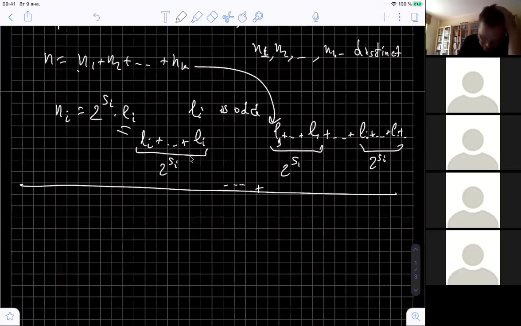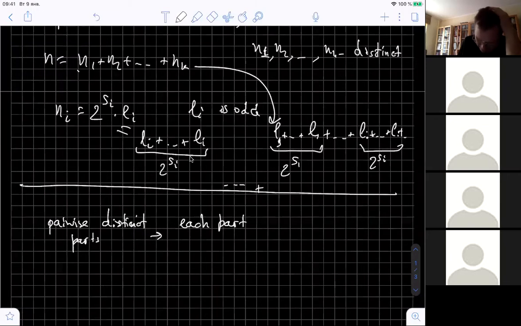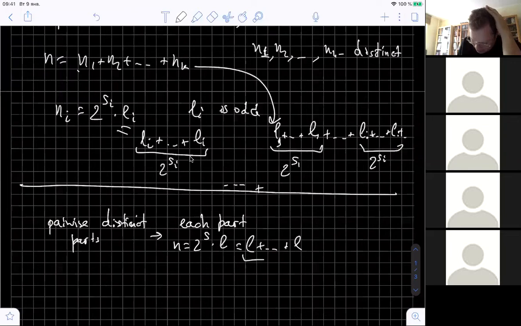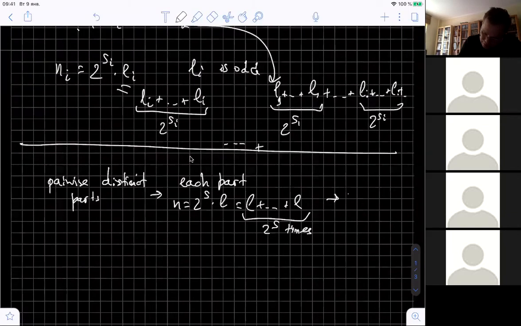If I have a partition into pairwise distinct parts, I can write each part as 2 to some power times an odd number, and then change it to just the sum of these odd parts, 2 to the power s times the odd number, and I will have a decomposition where all parts are odd.